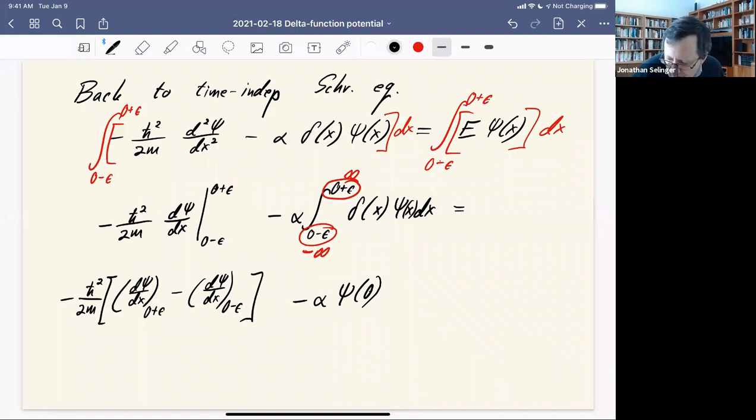Now, how about on the other side of the equation? On the other side of the equation, we have E times the integral of psi of x dx from a tiny little negative number to a tiny little positive number.